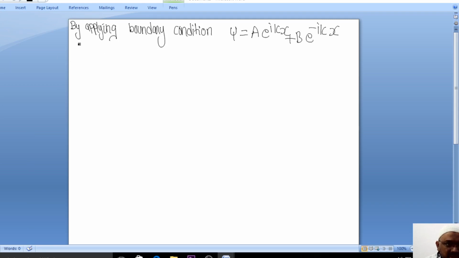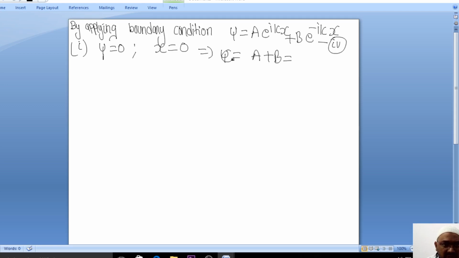The first boundary condition: psi is equal to 0 implies your x value will also be equal to 0. This is equation number 4. Applying the boundary condition to this solution, psi is equal to a into e to the power of 0, which is a, plus b.